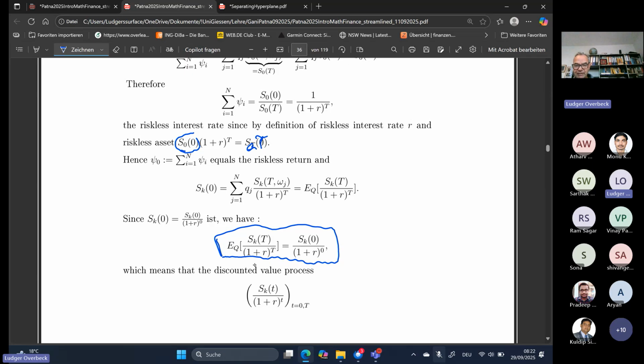And so in infinite dimension, you don't have matrices and so on, just linear operators, which under some regularity assumptions can be somehow represented as expectations under a probability measure. So this means that the discounted value process is a martingale.